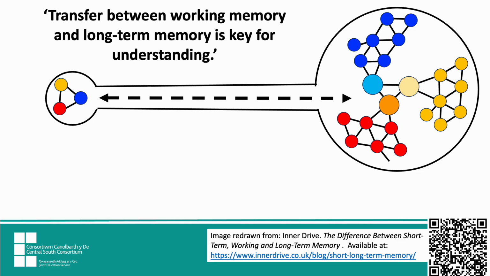Instead, new memories are linked to old structures called schemas. A schema is a bundle of knowledge, facts, emotions and actions, and we use the schemas to think about the world. Therefore, it is important to be aware that the more previous background knowledge that someone has, the easier it will be to take in and remember new knowledge.